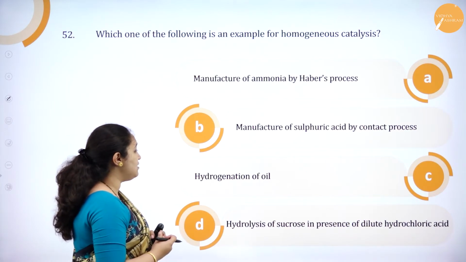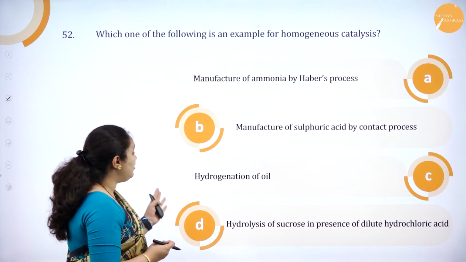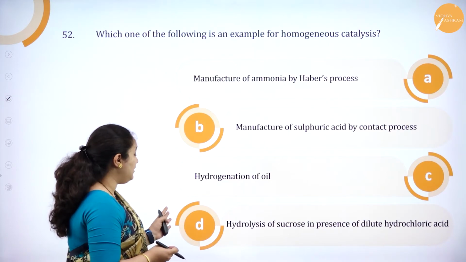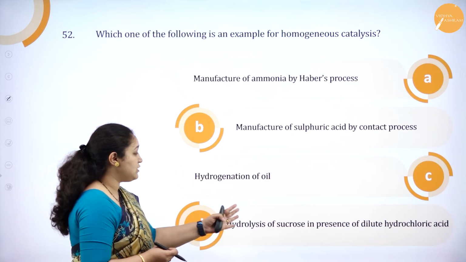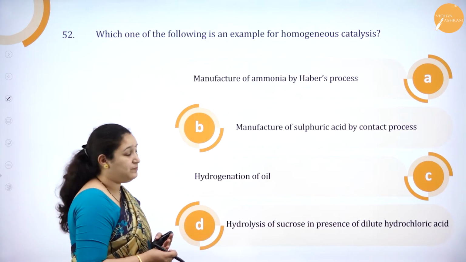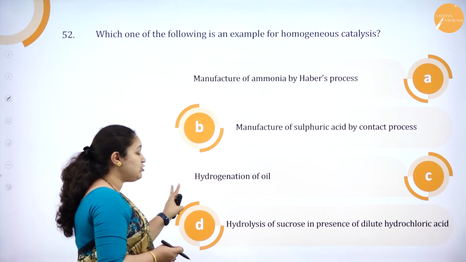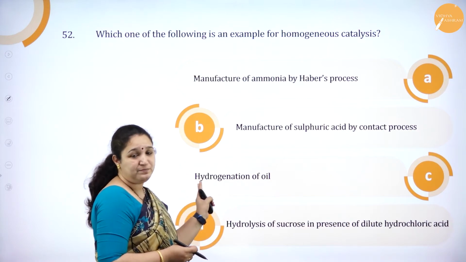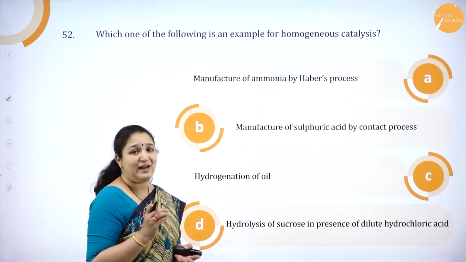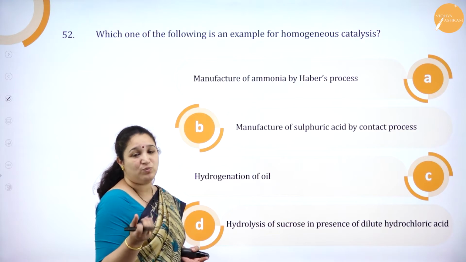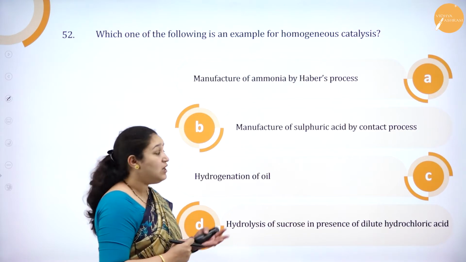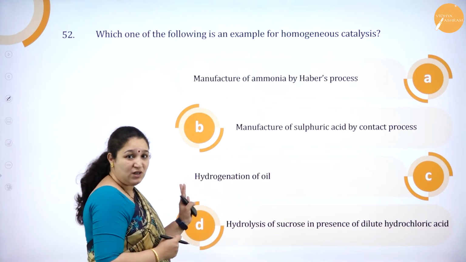Again, B is not the answer. Option C, hydrogenation of oil, and option D, hydrolysis of sucrose in the presence of dilute HCl. So here if you see hydrogenation of oil, again oil is a liquid and hydrogenation of oil, that is you pass hydrogen gas, isn't it? So again it's not a homogeneous catalysis.